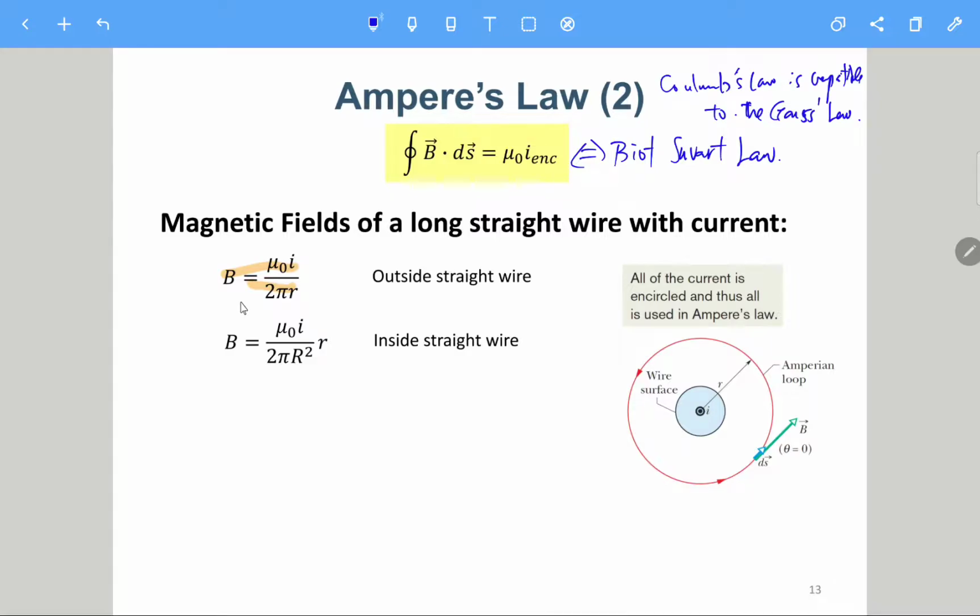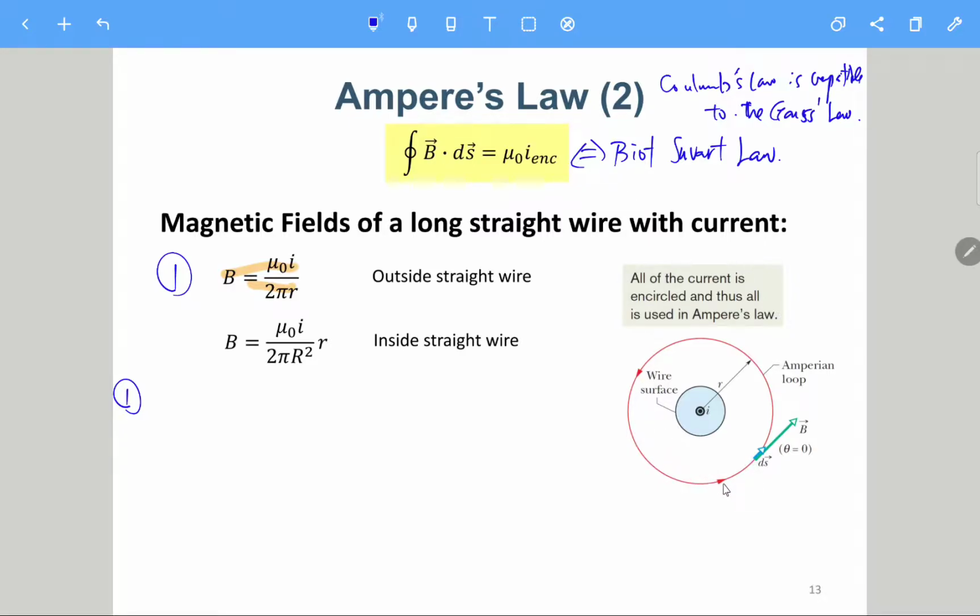For part one, if we apply Ampere's law, on the left hand side we have the line integral. Since this is symmetric, we already know that the B field should be parallel to ds.